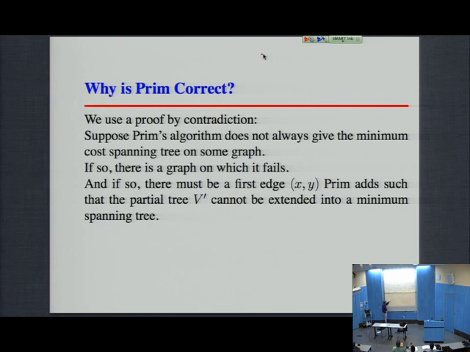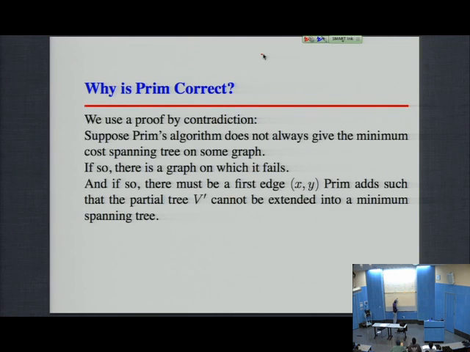There was this tree that was made partially of edges I picked and edges after it said I went wrong. When I added back the edge that they told me went wrong, that created a cycle in the tree. Note that if I add back my edge and remove any edge on the cycle, the tree is going to stay connected. Let me draw that in another picture because it's sort of obvious.